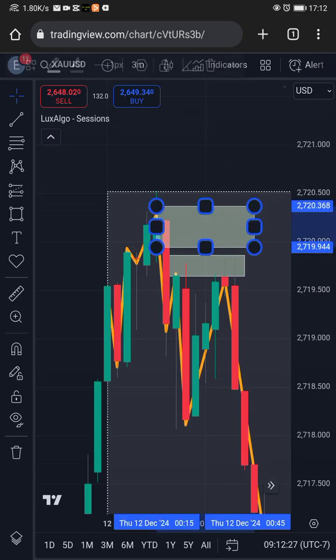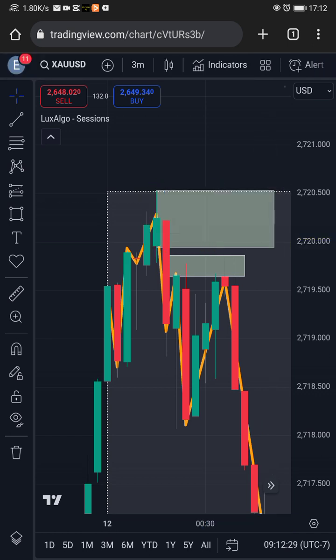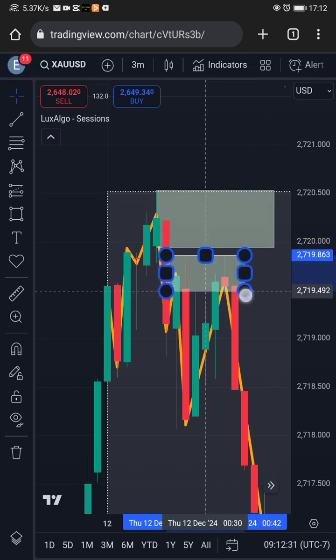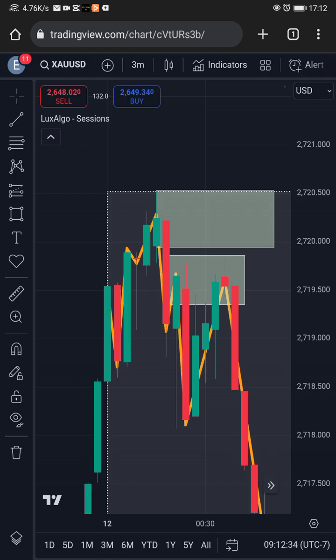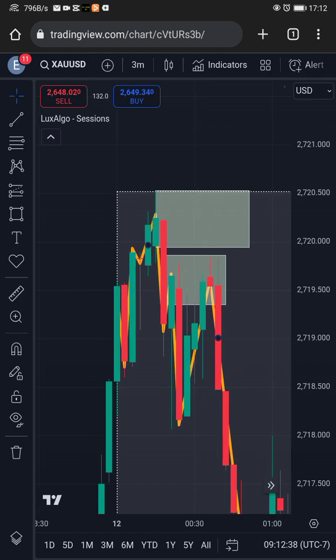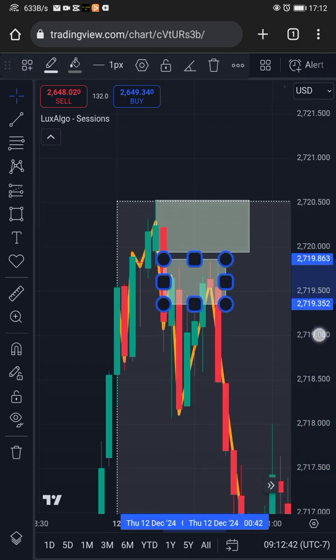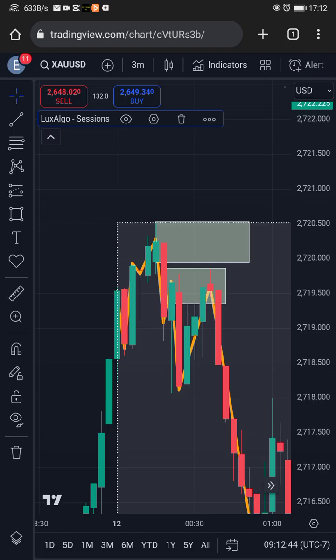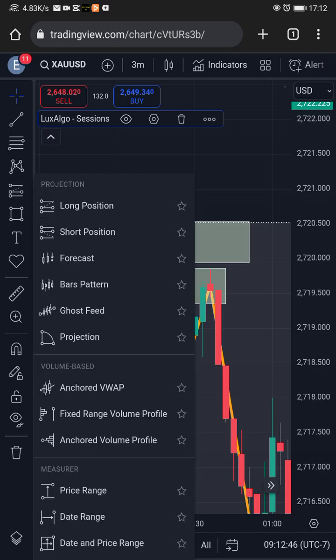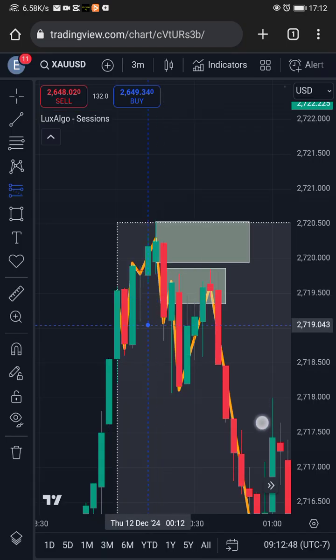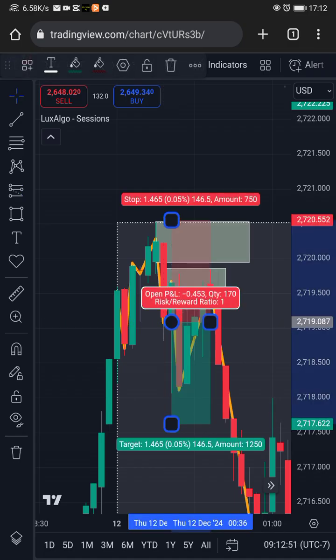The market didn't tap on that very one, but it was able to tap on this one. Like I said, you can go to your 1 minute or a second to take a trade. So if you've gone to a minute chart to take a trade on this zone, this will give you a sweet arrow. But for the sake of this video, I'm just going to take a trade on my 3 minute OB. So I'll place my trade.